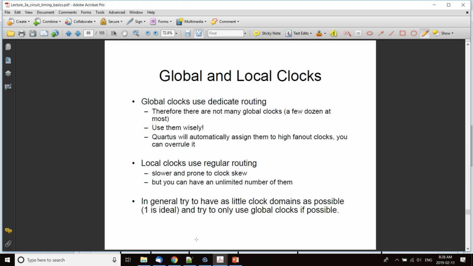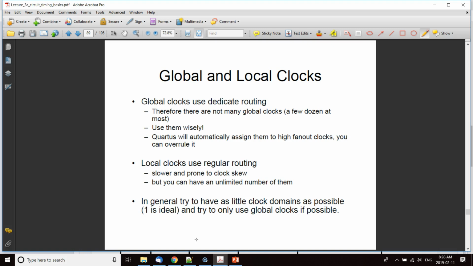You don't have a lot of margin because it's high speed, so any skew that eats up into your margin over the clock is bad. However, if there's just 10 flip-flops doing it, maybe the local clocks can handle it, and maybe you're better off preserving your global clocks for something else, like maybe high fan out and low speed. A high fan out, if I've got 1,000 flip-flops, right?